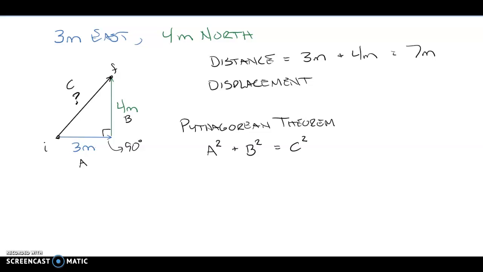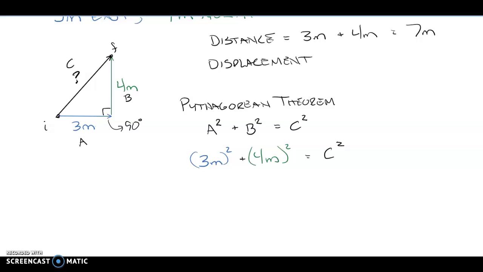And so I can actually plug in my values. I would have 3 meters squared plus 4 meters squared, and that has to equal my hypotenuse squared, which would be my displacement. Well, that becomes 9 meters squared plus 16 meters squared, and that is C squared.